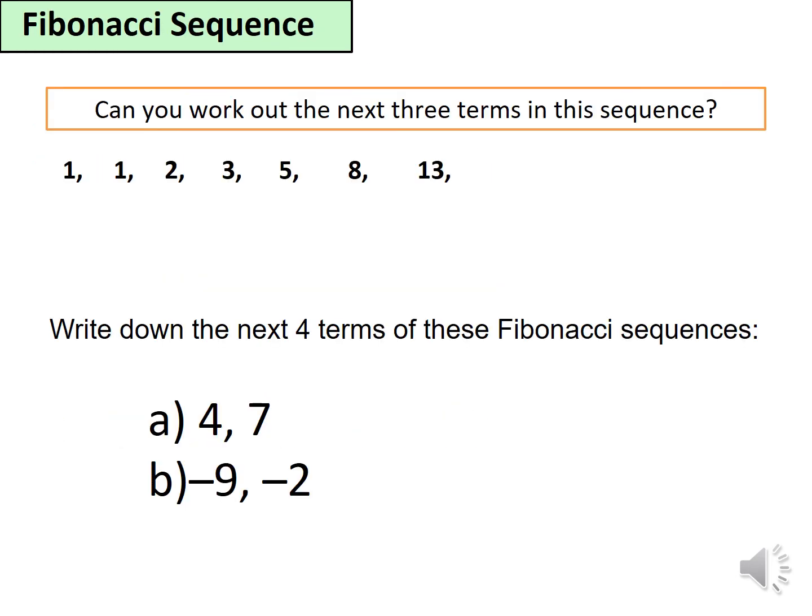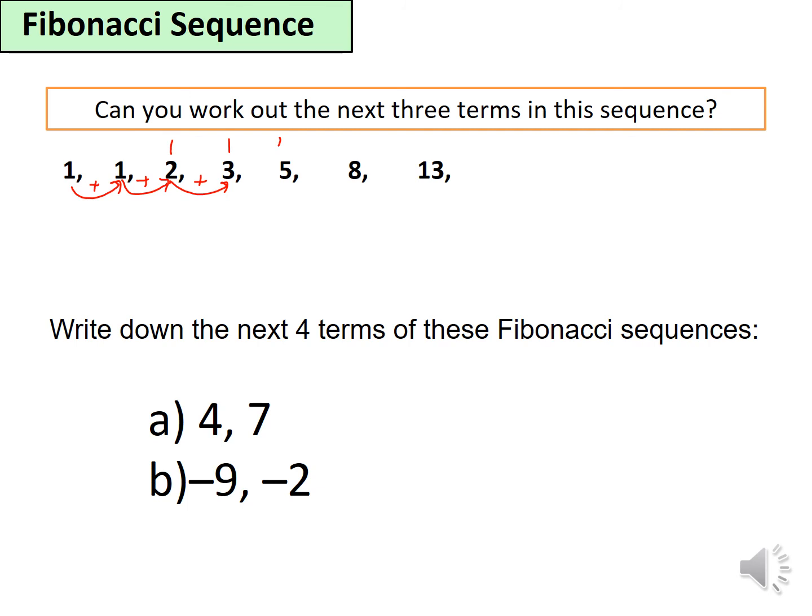Let's have a look at a Fibonacci sequence. In a Fibonacci sequence, the next term is found by adding up the 2 previous terms. So for example, let's have a look at this first sequence. 1 plus 1 would give me 2. 1 plus 2 would give me 3. 2 plus 3 would give me 5.